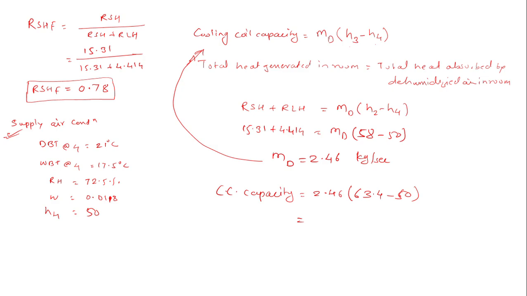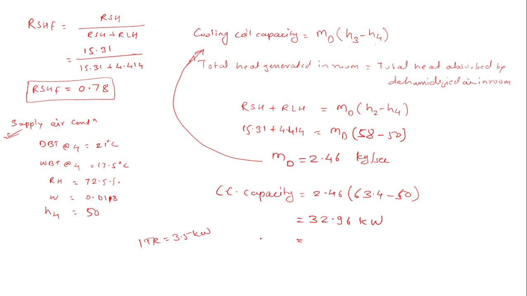That is (63.4 minus 50) times 2.46, the mass flow rate. So it is 32.96 kilowatt. Convert this kilowatt into tons of refrigeration by dividing by 3.5, since 1 TR is equal to 3.5 kilowatt.